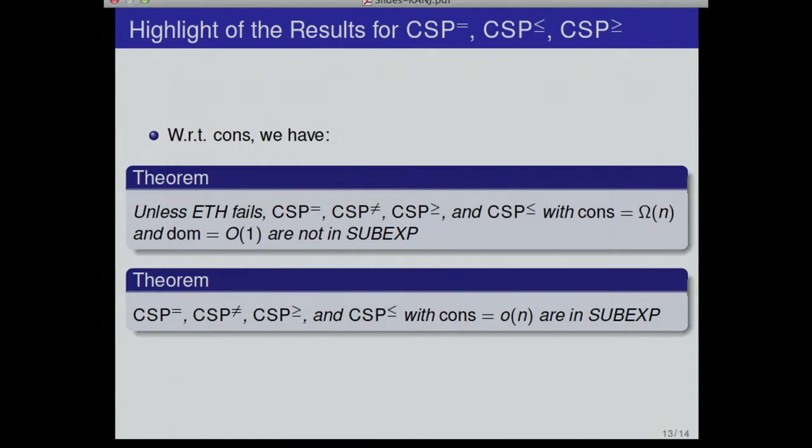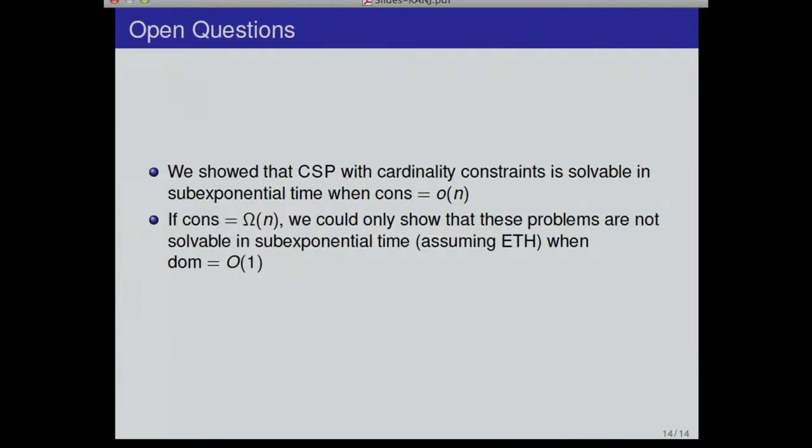Okay. So I just want to conclude with some open questions that are related to these two theorems here, and also to some of the earlier discussions here at the workshop, mainly the talk given by Fedor Fomin on the first day of the conference.